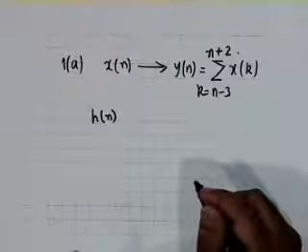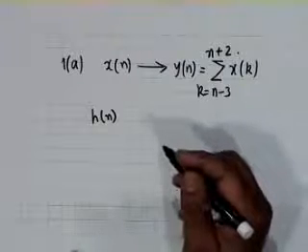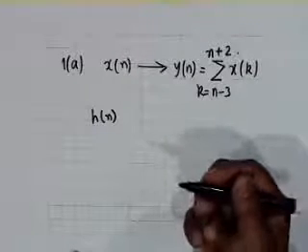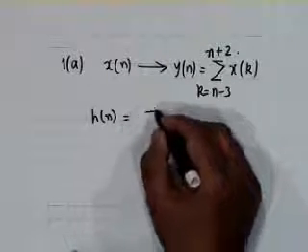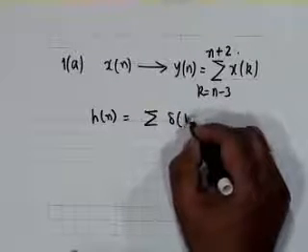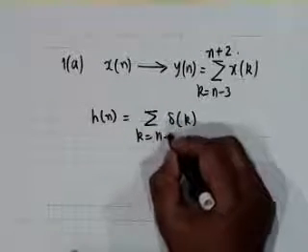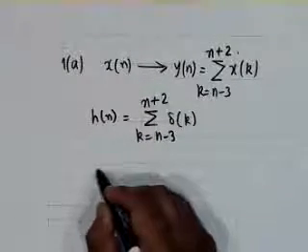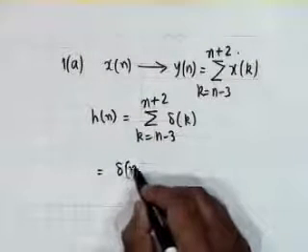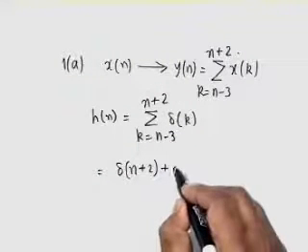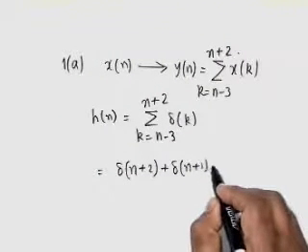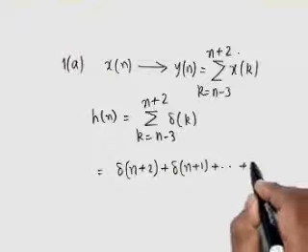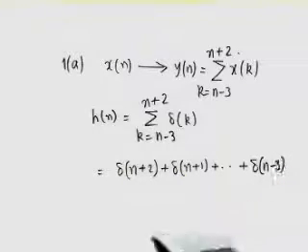This is again a roundabout, because you can see that h of n is the response to delta n, and therefore it is simply the sum of delta k, where k goes from n minus 3 to n plus 2. Therefore this is delta n plus 2 plus delta n plus 1 plus etc. plus delta n minus 3. That's it.